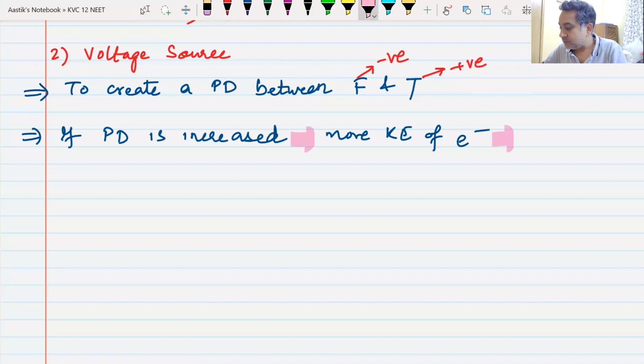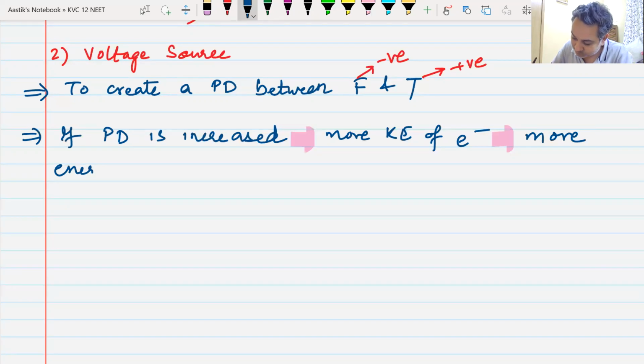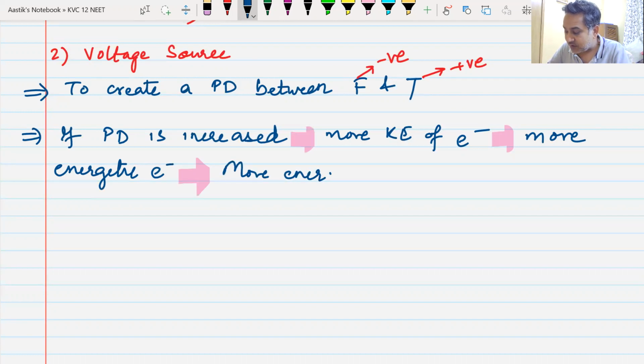That means more energetic electrons will strike, so higher energy X-rays will come out.